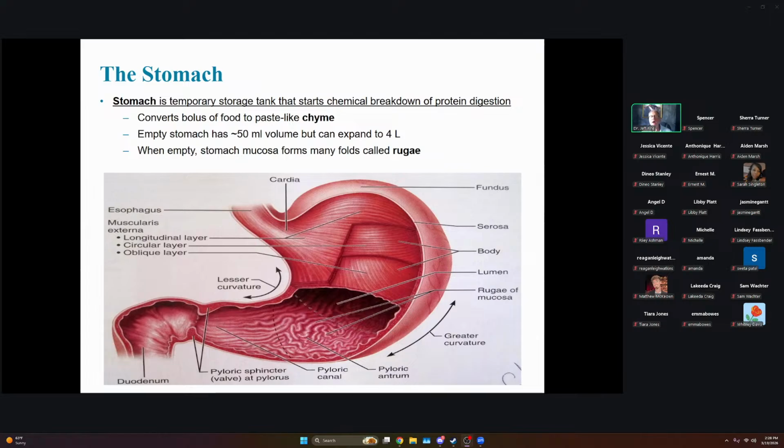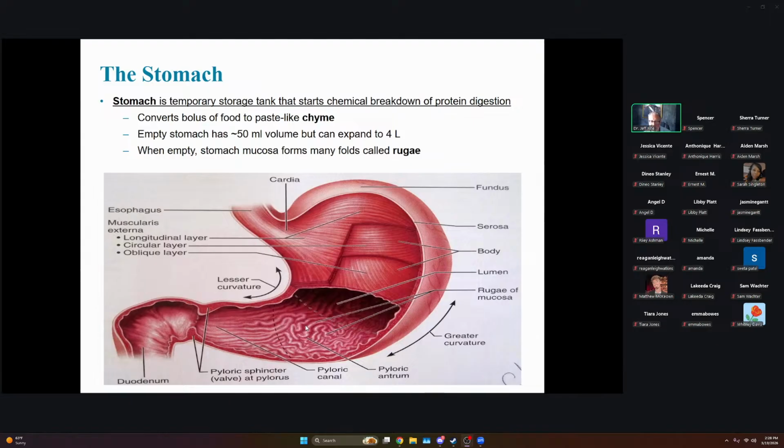Okay, we all knew in this class, before we even got to the digestive system, that our stomach can expand. And that's really because of the presence of rugae, and we talked about rugae in lab on Tuesday.